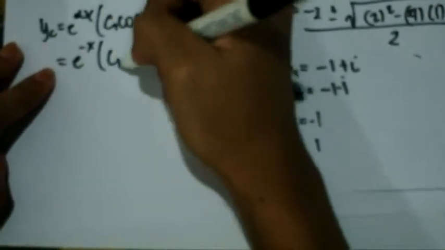So now we have e raised to negative x, since our alpha is negative 1, let me correct that, and then c1 cosine x plus c2 sine x.